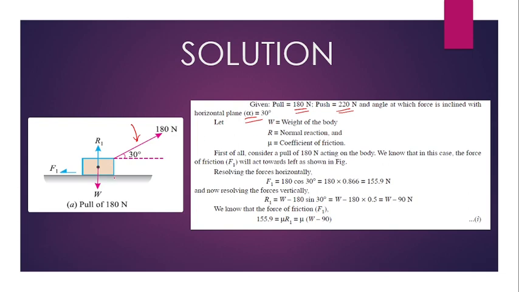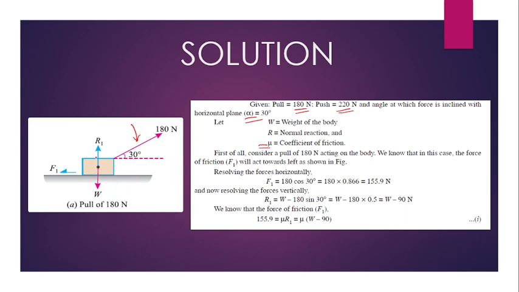W is the weight of the body, vertically downward, and R is the normal reaction. The contact surface is horizontal, so the normal reaction is vertical, and mu is the coefficient of friction.